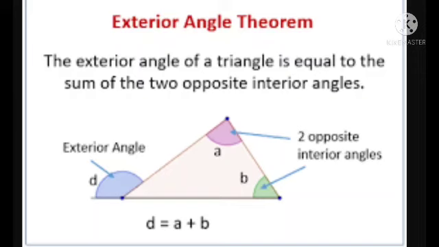So D is always greater than either A or B. The exterior angle will always be greater than either of its interior opposite angles. This is the theorem. Write the exterior angle property. The second property is the exterior angle property; draw the figure of this triangle and write the property in your notebook.